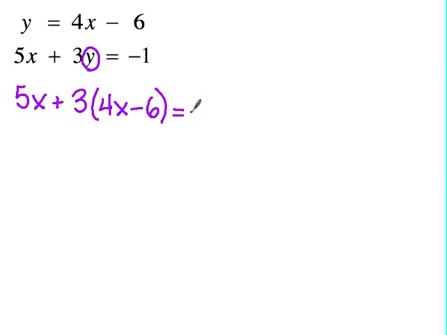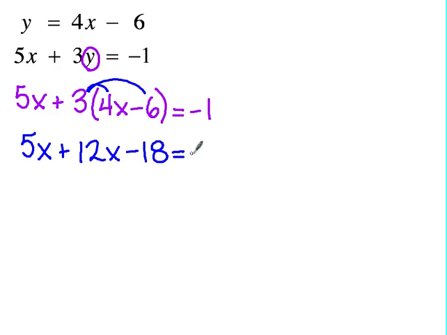Now notice I'm going to leave that 3 outside. I'm going to put the 4x minus 6 in parentheses. And so now I need to go ahead and distribute that 3. And when I distribute that 3, what do I get? Okay. Let's go ahead and add like terms together on the left side.